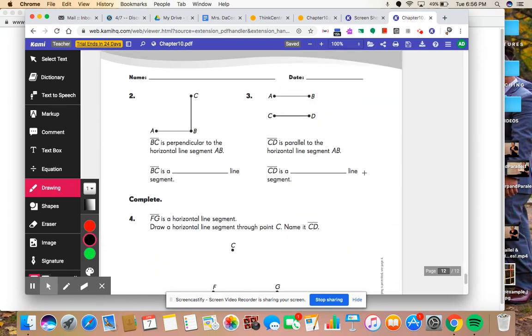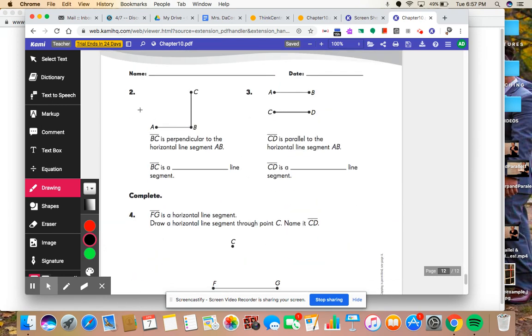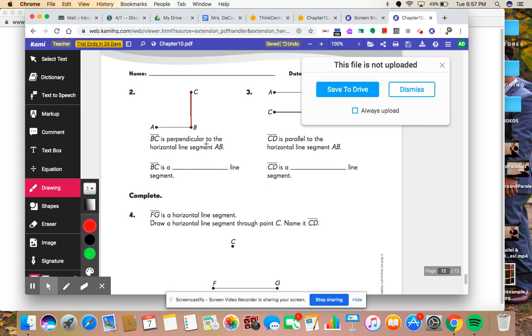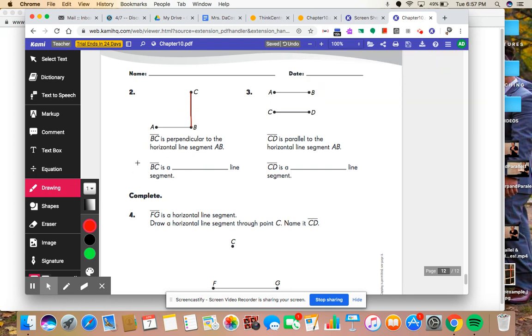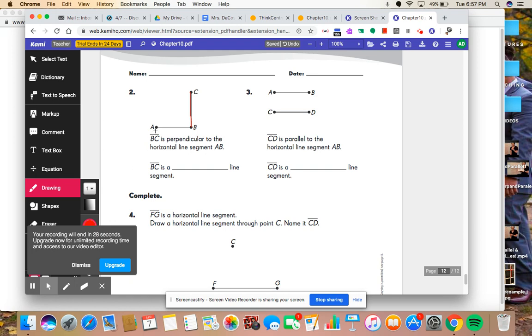Number 2 says BC, so let's look at BC first. Where's BC? BC is right here. Line segment BC is perpendicular to the horizontal line segment AB. Well, yeah, it's perpendicular because we can see it crisscrosses right here.